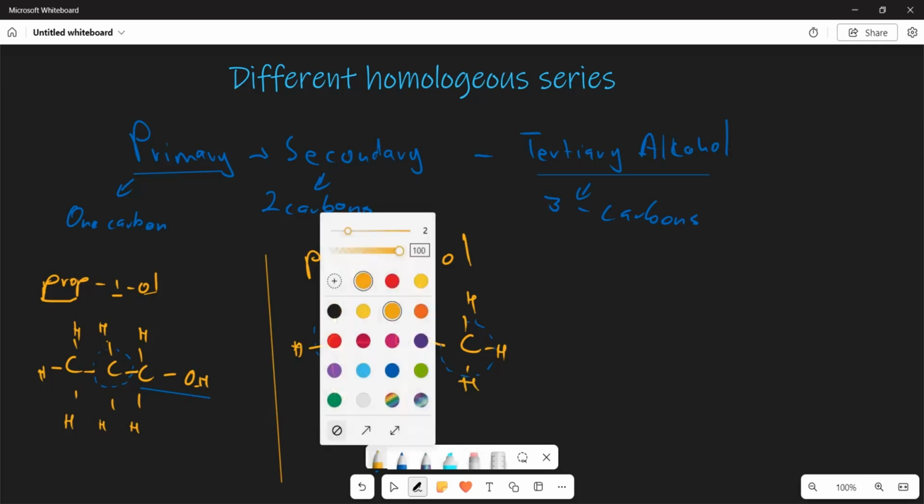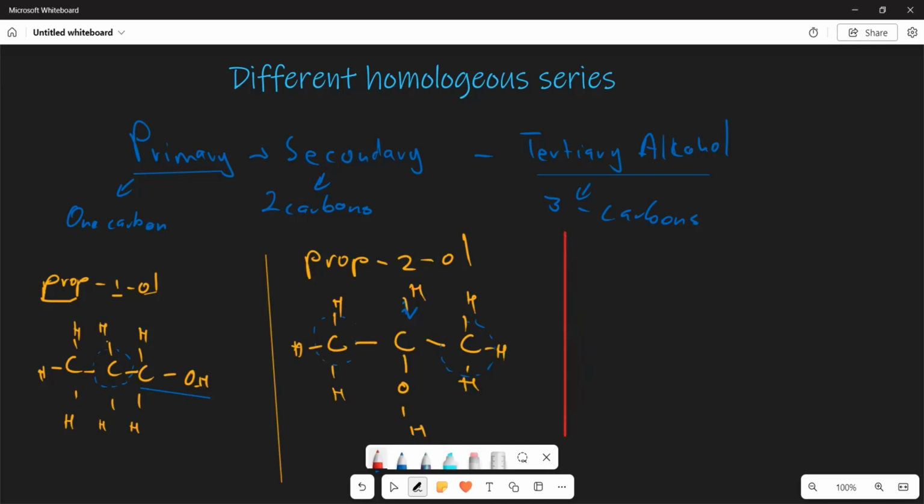And if we look at our tertiary alcohol, this is going to be the formula for the tertiary alcohol. For the tertiary alcohol, we are going to have 2-methyl propan-2-ol. So we are going to have 2-methyl; this is going to be methyl, and this is propane. This is prop-2-ol, right?